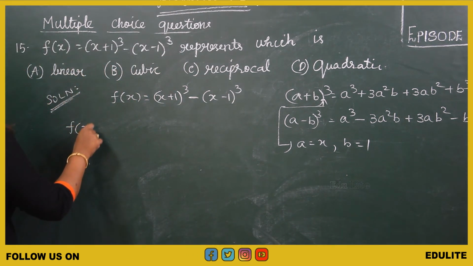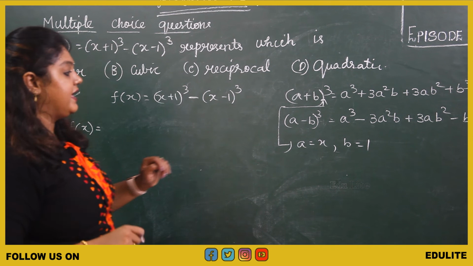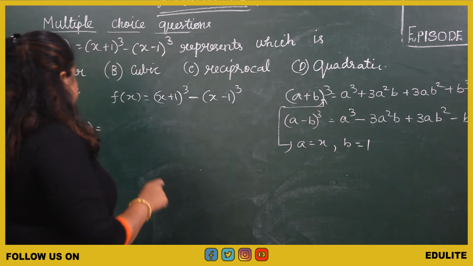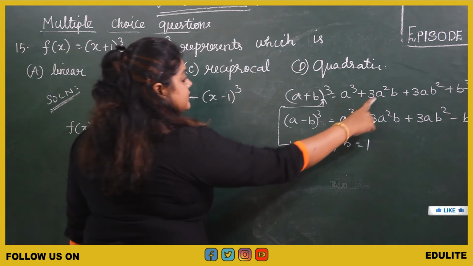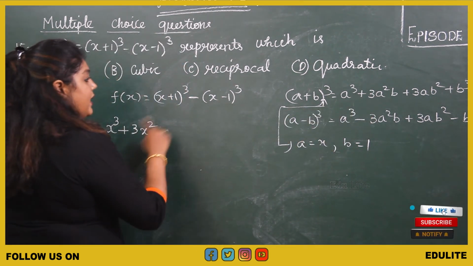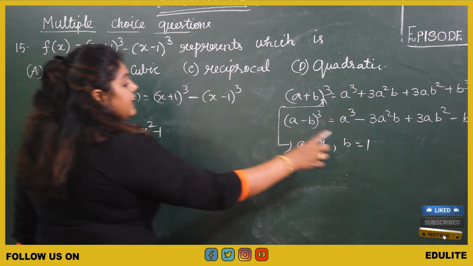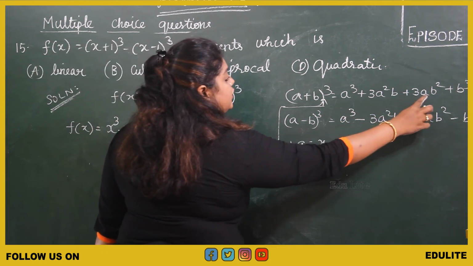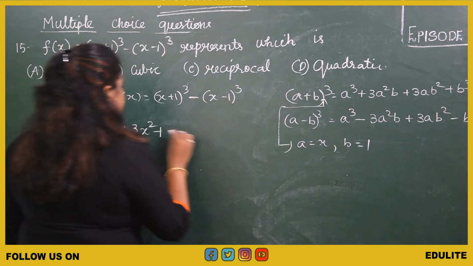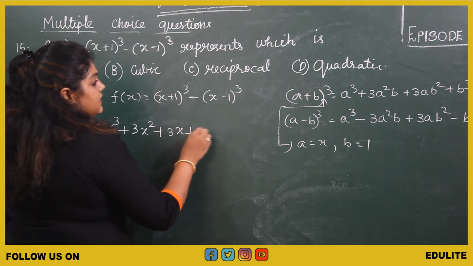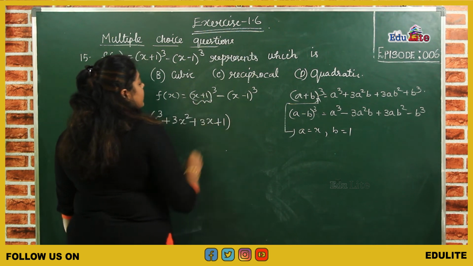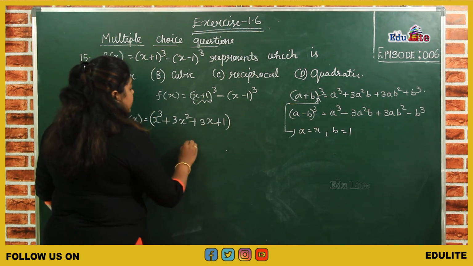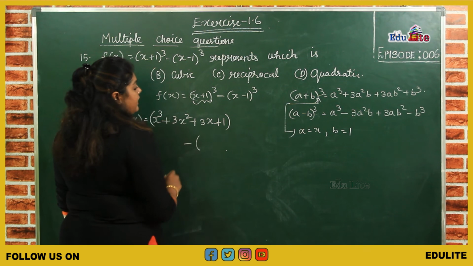So f of x can be rewritten as x cube plus 3 into a squared, which is x squared into 1, so 3x squared, plus 3ab squared, 3 into x into 1 squared is 1, so 3x, plus b cube, 1 cube is 1. So this is the expansion of x plus 1 whole cube. Minus, we will expand x minus 1 whole cube.